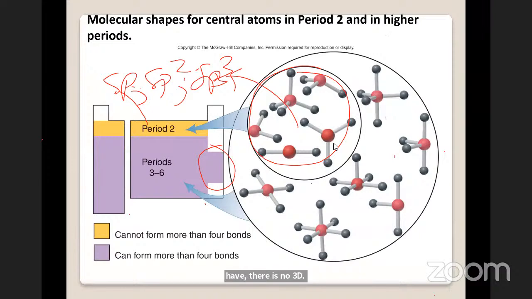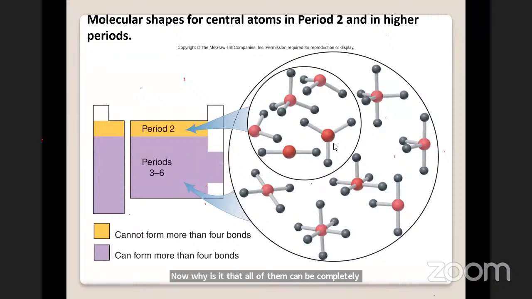But from the second full row, the third period of the periodic table down, you can have all of these shapes completely formed. And why is it that all of them can be completely formed? Because they can undergo sp3d and sp3d2 hybridization. And that is purely because of the 3d orbital that is next to the representative region.